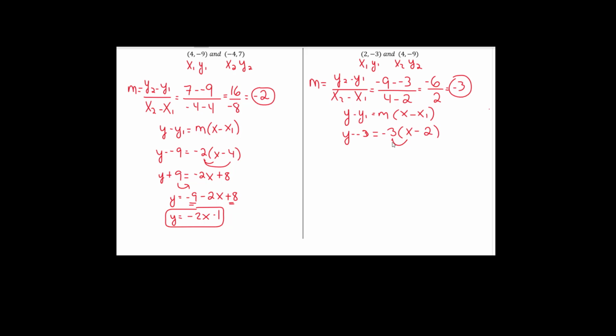I'm going to eliminate parentheses, and also negative negative becomes a positive. So this would be negative 3x. Negative 3 times negative 2 is positive 6. I'm going to send the 3 to the other side. So it would be y equals negative 3 minus 3x plus 6.